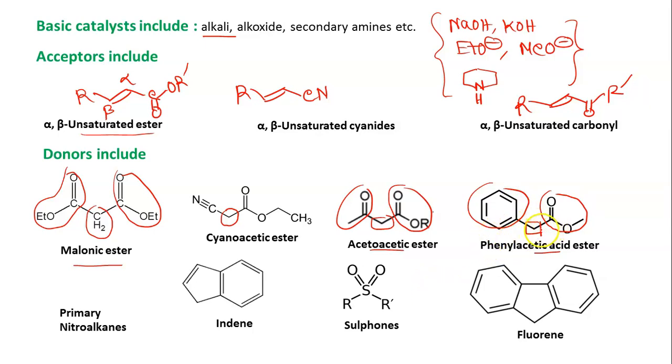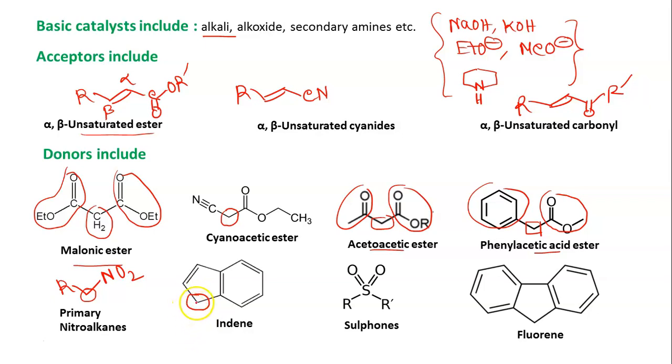And here when the carbanion is generated, it can take part in resonance with the benzene ring also. That is why the carbanion will be stable. Then primary nitroalkane. So it may be like this, RCH2NO2. NO2 is an electron withdrawing group. So this CH2 will be the active methylene group. Then we can have indene. Now for indene you may think that there is no electron withdrawing group, then how will this CH2 be active?